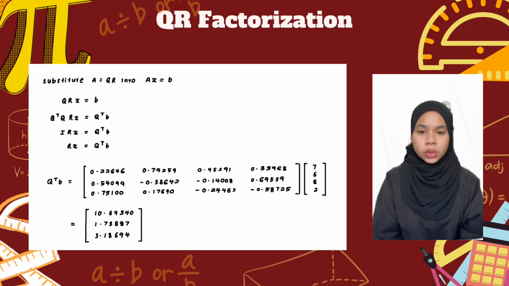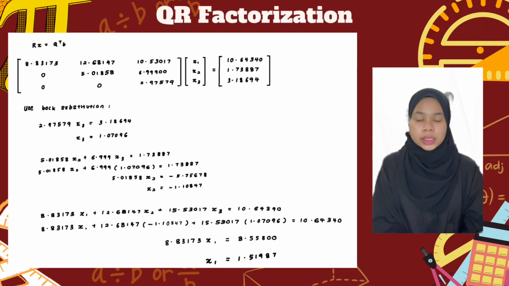We will get Q transpose QRX is equal to Q transpose B. Since Q transpose Q is equal to identity, this simplifies to Rx is equal to Q transpose B. After performing the matrix multiplication for Q transpose B, we obtain Q transpose B is equal to 10.64340, 1.73887, and 3.18694.